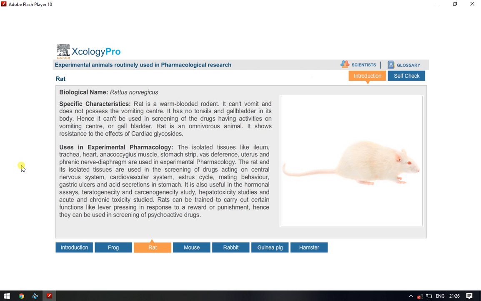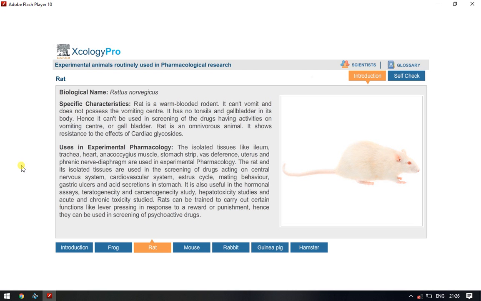The rat and its isolated tissues are used in the screening of drugs acting on central nervous system, cardiovascular system, estrous cycle, mating behavior, gastric ulcers, and acid secretions in stomach. It is also useful in the hormonal assays, teratogenicity, and carcinogenicity study, hepatotoxicity studies, and acute and chronic toxicity studies.